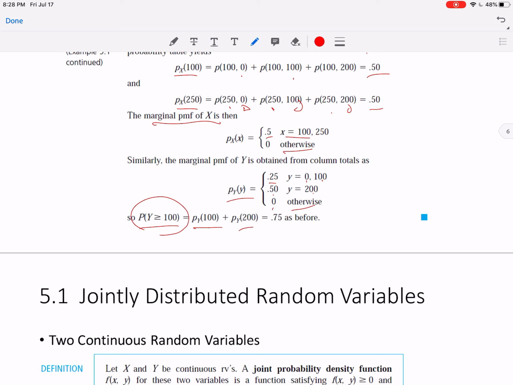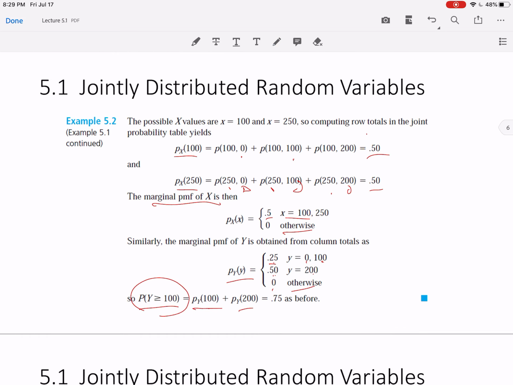The probability when y is equal to 100 is 0.25, and the probability when y is equal to 200 is 0.50. If you add those together, you get 0.75. All right, that's pretty much all about the joint PMF of two discrete random variables, and I hope that is clear to you.